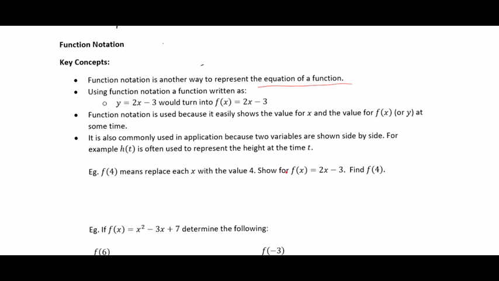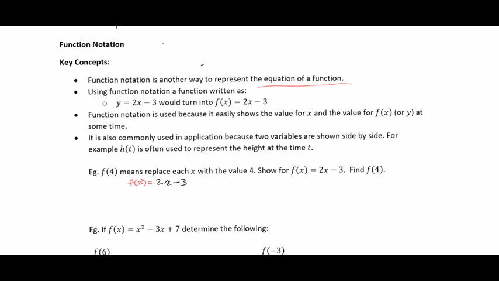So let's take a look at that, and I'll give you an example. Imagine we have this equation, f of x is equal to 2x minus 3, and we want to find f at 4. What we do is we write our equation to start. f of x is equal to 2x minus 3. Now, when we substitute 4 in, we replace all our x's with the number 4.